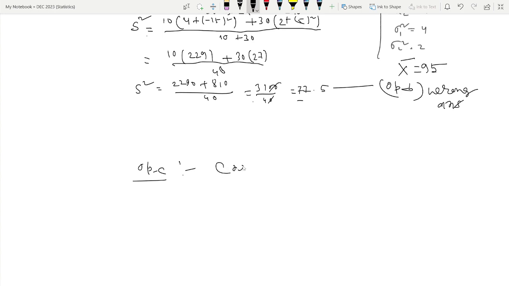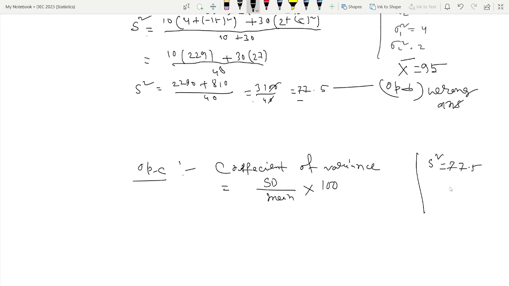Coefficient of variance equals SD by mean into 100. Our variance S square is 77.5.